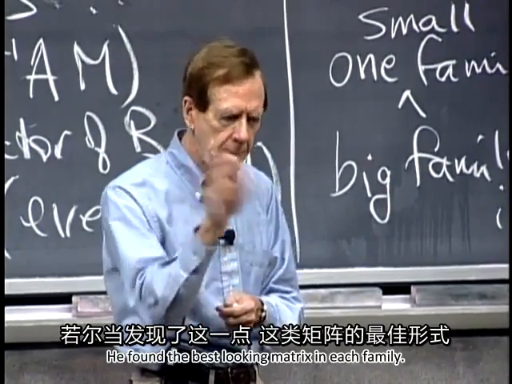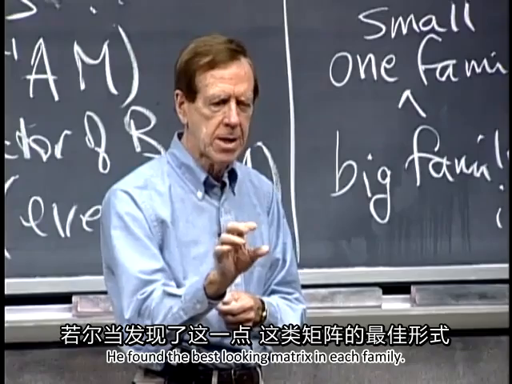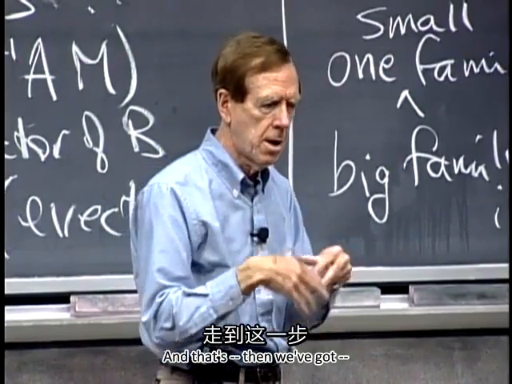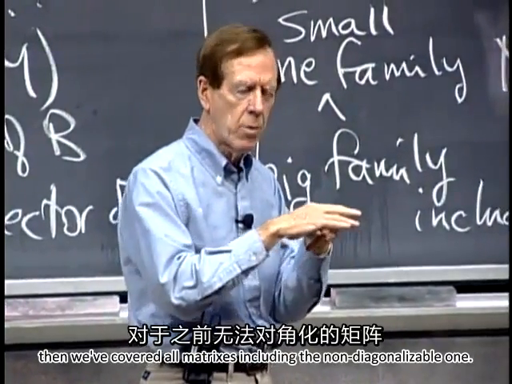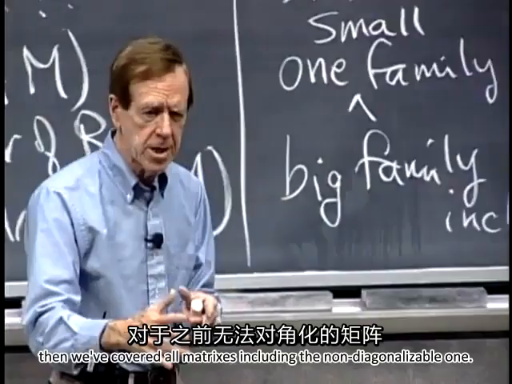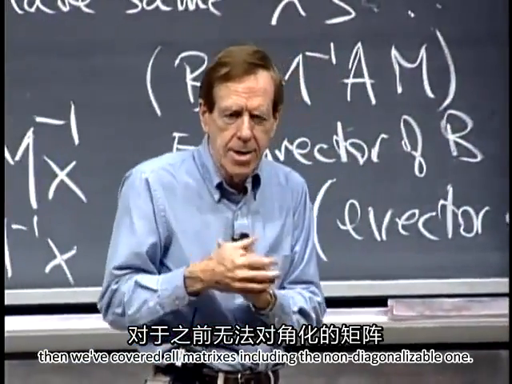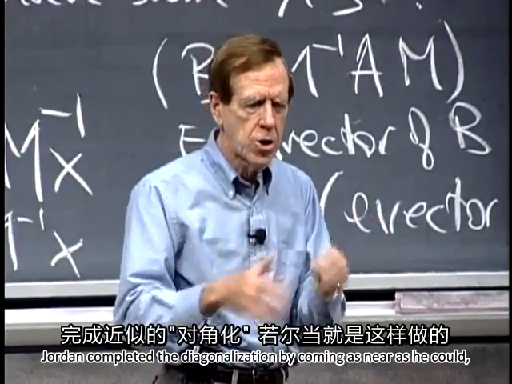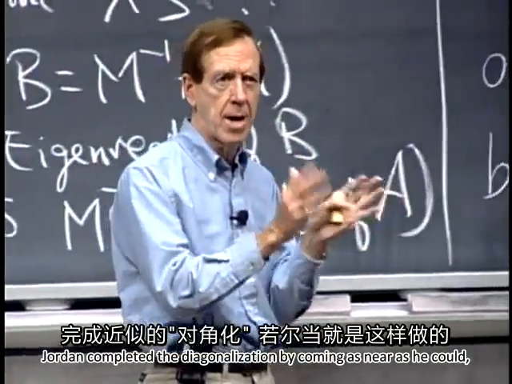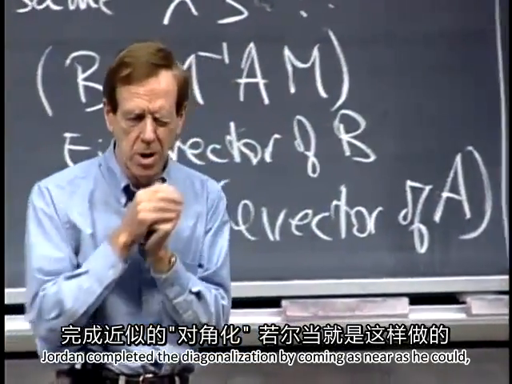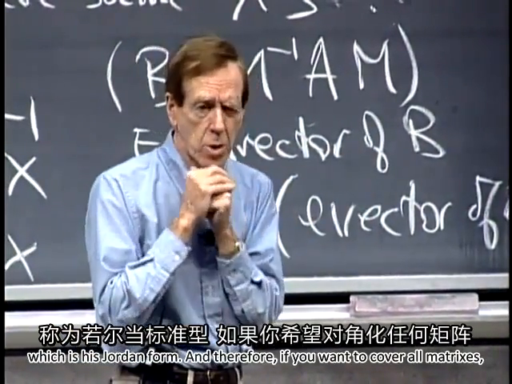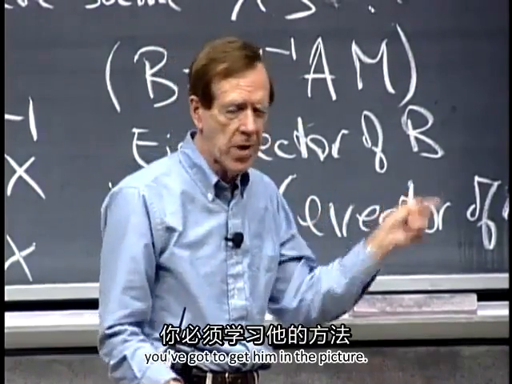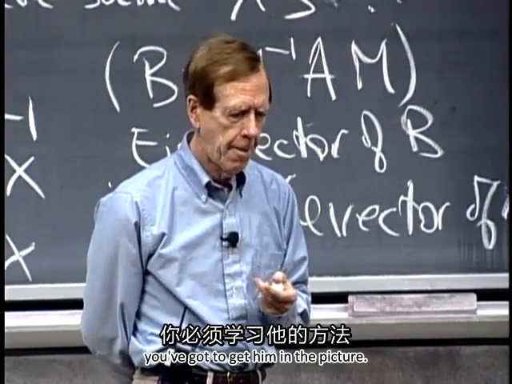He found the best looking matrix in each family. Then we've covered all matrices, including the non-diagonalizable one. That's the point. That in some way Jordan completed the diagonalization by coming as near as he could, which is his Jordan form. And therefore, if you want to cover all matrices, you've got to get him in the picture.